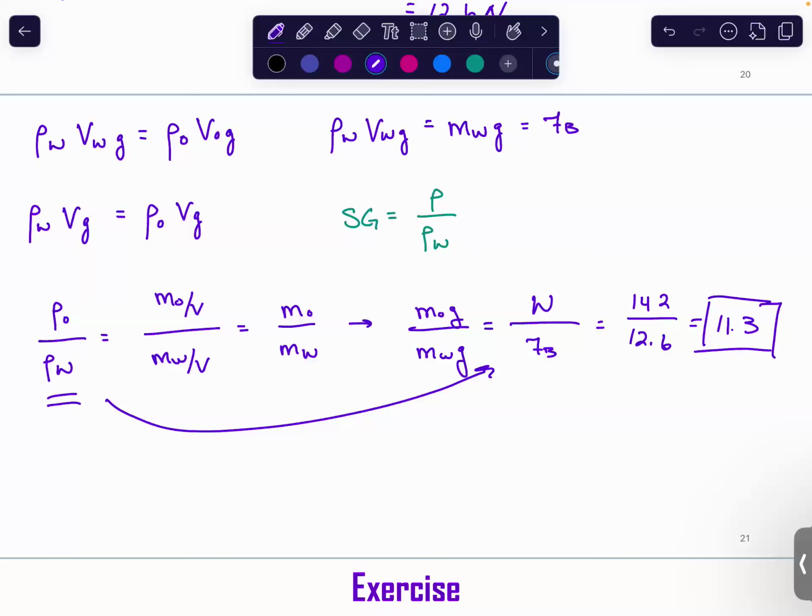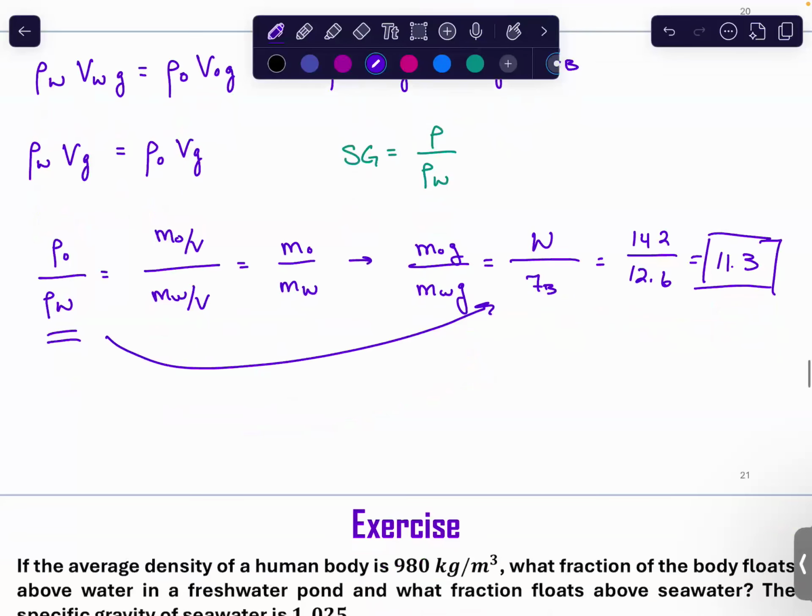Now, how do we figure out the density of the material? Well, the density of the object is going to be the density of the water times the specific gravity. And what is the density of water? For this chapter, we're using 1,000 kilograms per cubic meter.